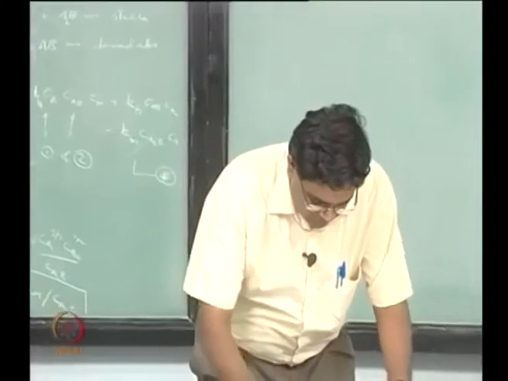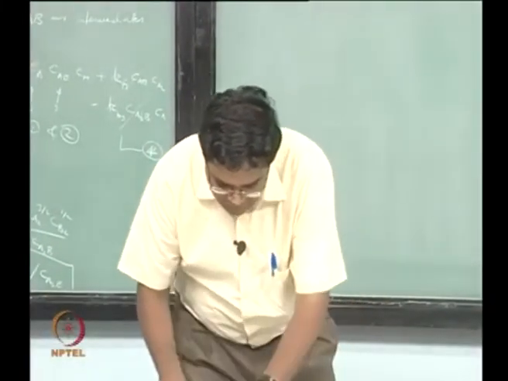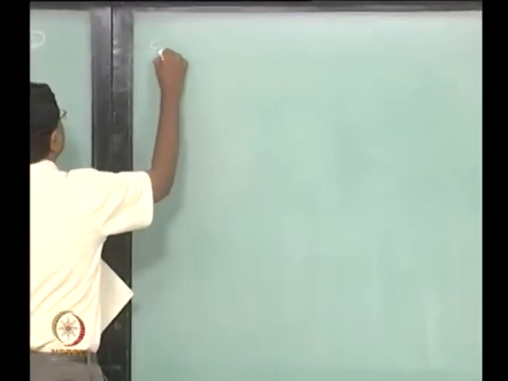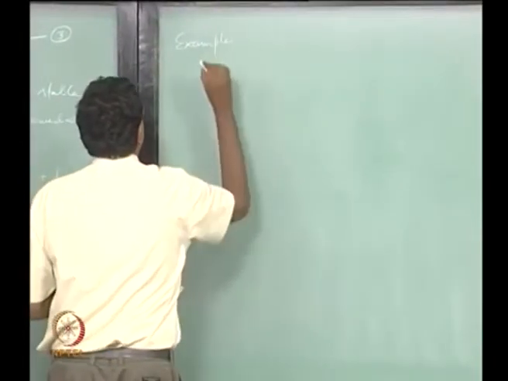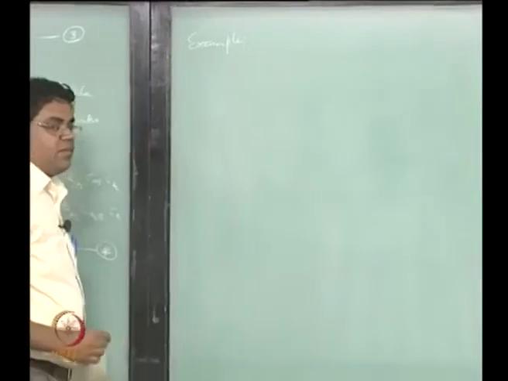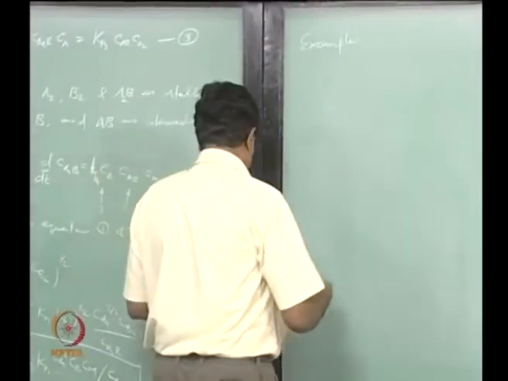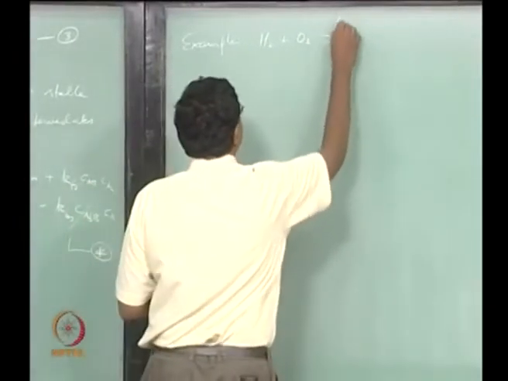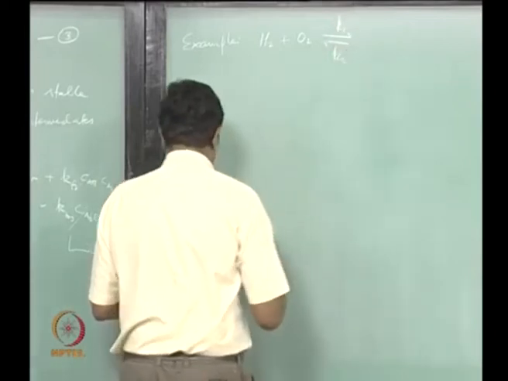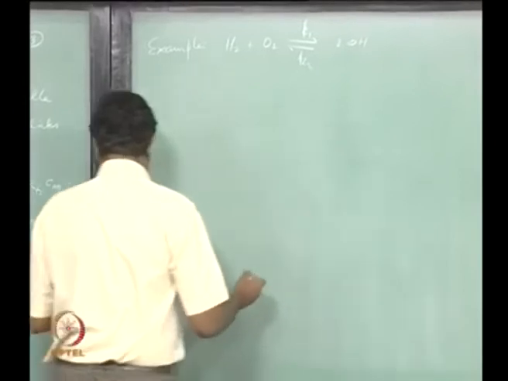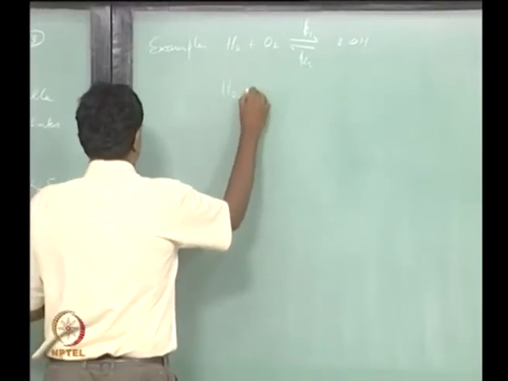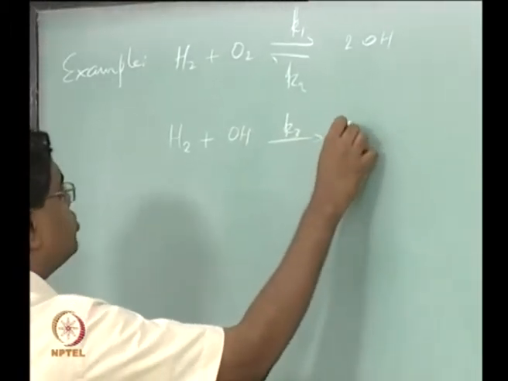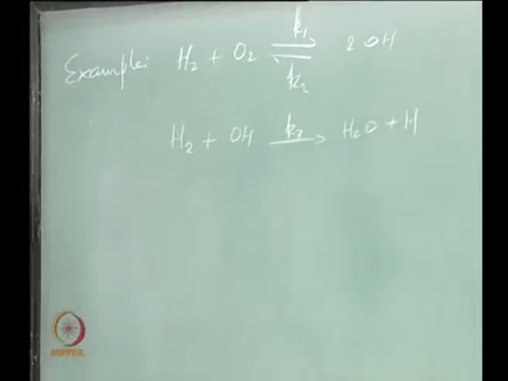So let me also give you a simple example which is a little bit more realistic. Just like how we had the hydrogen bromide example for the steady state approximation, here let us suppose that we have H2 plus O2 gives and takes with K1 here, K2 for the reverse, 2OH on the other hand, and H2 plus OH gives K3 H2O plus H, okay.